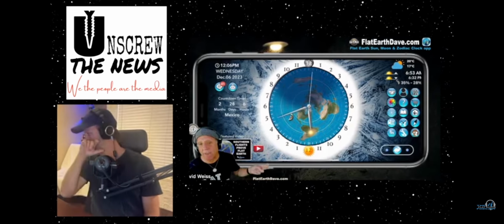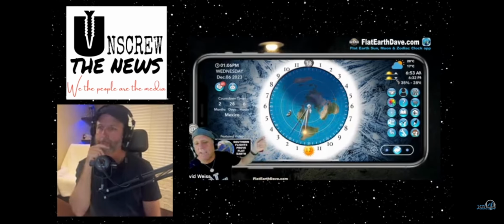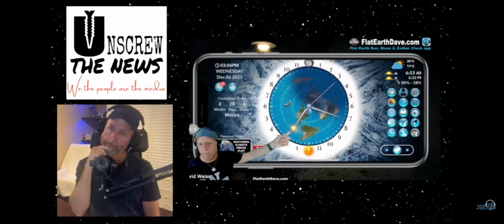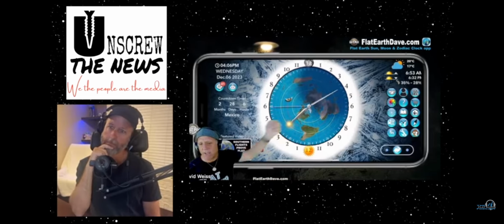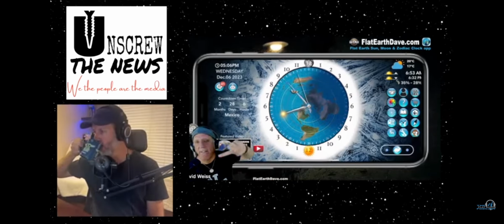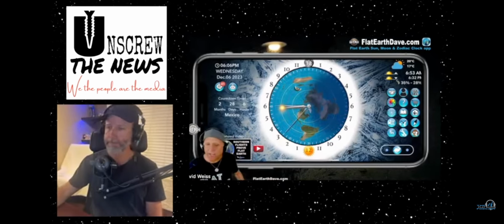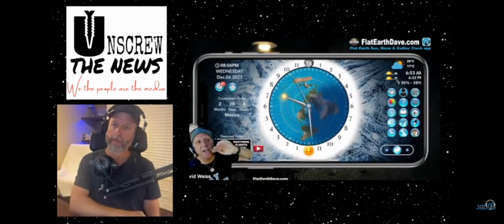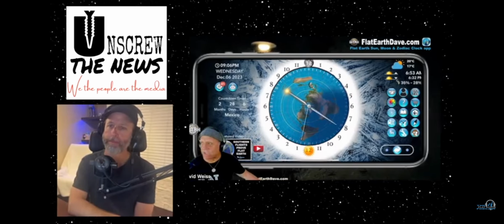And the answer is, if you look at the arm on this watch, the tip of the arm is going faster than the inner part of the arm, but it's going around at the same rate. The angular speed is different from the linear speed. Because the sun is moving faster, it's not going over a curve that causes day and night.